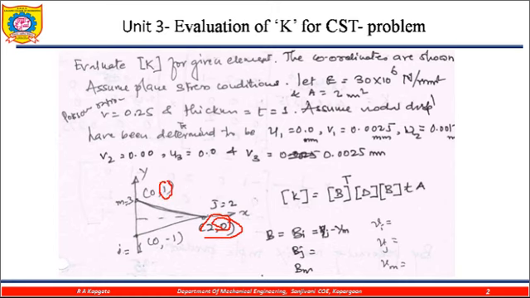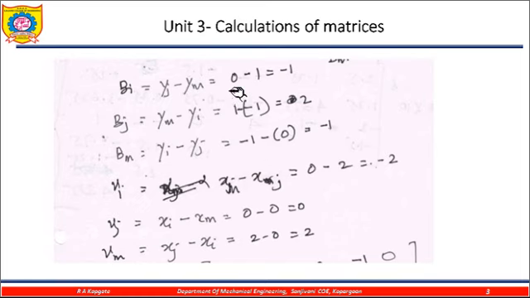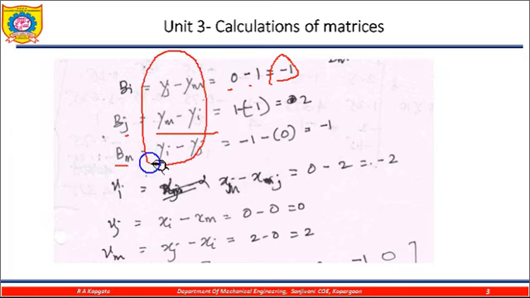So go for 0 minus 1. Here see, 0 minus 1, so this one is minus 1. Similarly the others are to be considered. So beta i, beta j and beta m are calculated using these formulas.